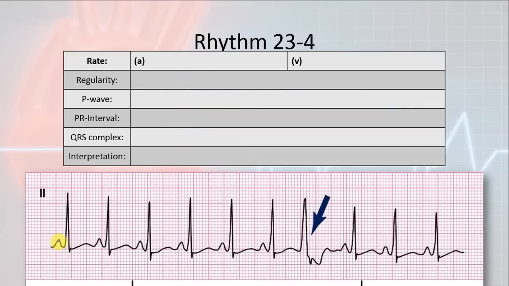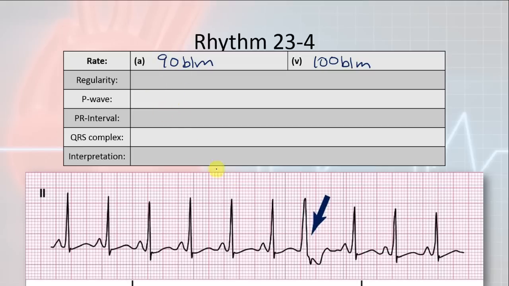In this rhythm, we have an atrial rate of 1, 2, 3, 4, 5, 6, 7, 8, 9. So we'll say our atrial rate is 90 beats per minute. The ventricular rate, 1, 2, 3, 4, 5, 6, 7, 8, 9, 10. So our ventricular rate is about 100 beats per minute.